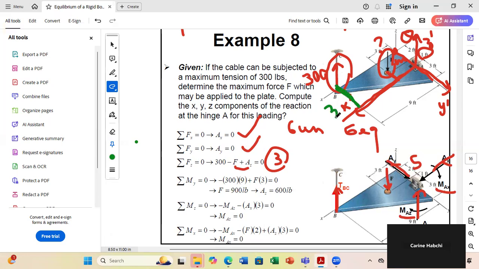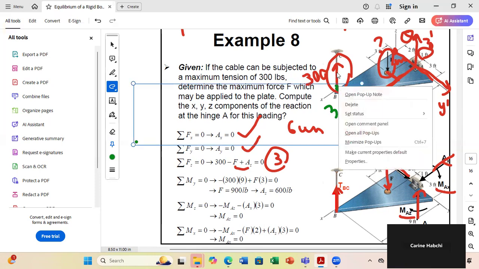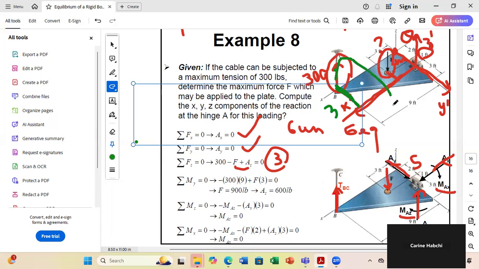Okay, and if I do the right hand rule with my hand, this force will rotate in negative X. Your thumb will point in negative X for the 300, whereas F is downward. So if I do the right hand rule, my thumb points in positive X direction. So it's plus F times 1.